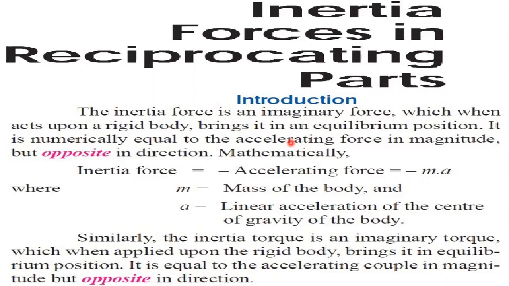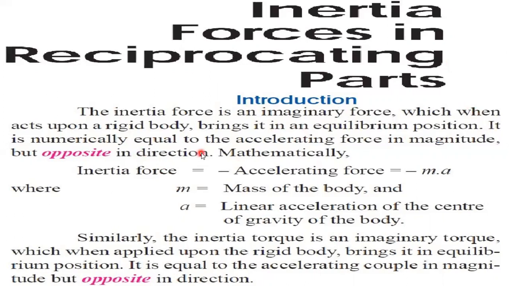If the force which we apply and the force coming from inside, that is the inertia force, are both equal, then such a condition is called an equilibrium condition, and the body won't be moving; it will stay in the same place. So inertia force is nothing but an imaginary force which, when acting upon a rigid body, brings it to an equilibrium position.